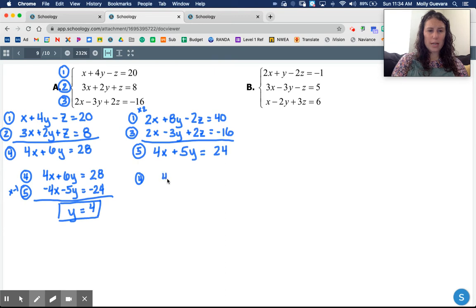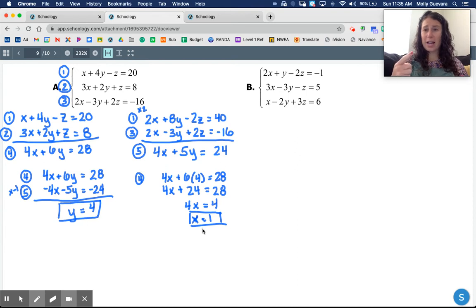So 4x plus 6 times y, but y is 4, equals 28. So I have 4x plus 24 equals 28. Subtract 24 and I get 4x equals 4. So x equals 1.